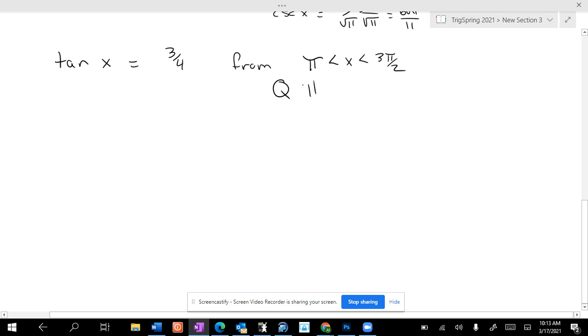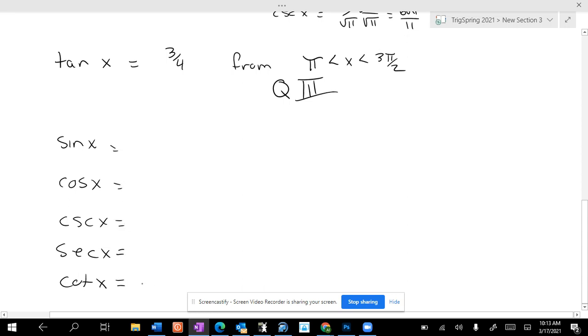All right. So sine of x, cosine of x, cosecant of x, secant of x, cotangent of x. What one would be the easiest one to find out of all these?